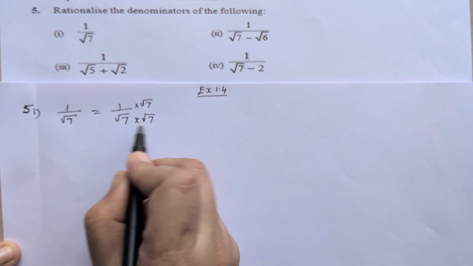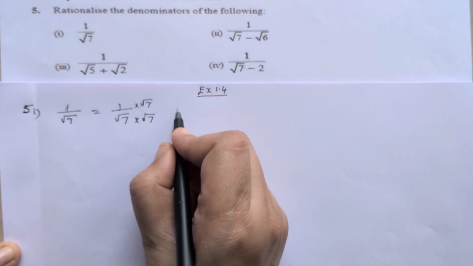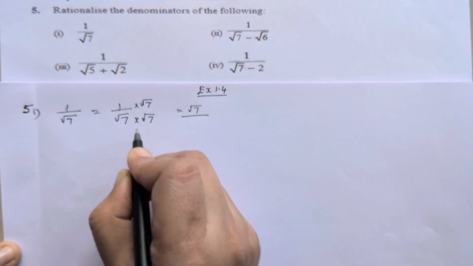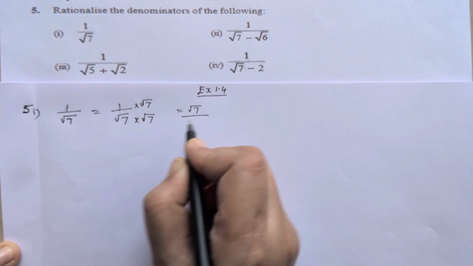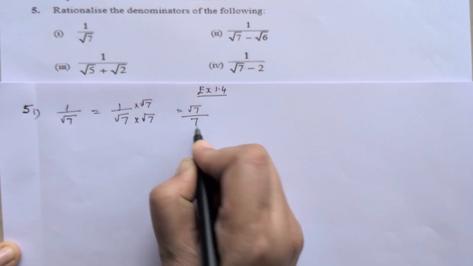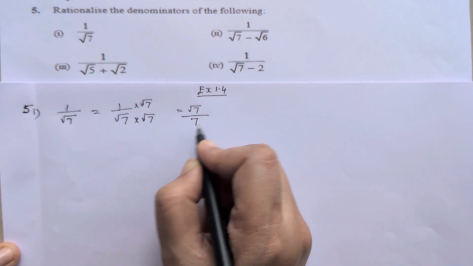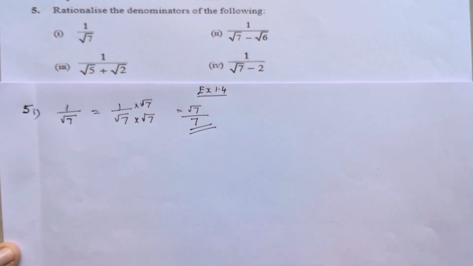Numerator 1 into root 7 will become root 7 itself. Denominator root 7 into root 7 is 7. Now the root sign is removed from the denominator. So we rationalized the denominator.